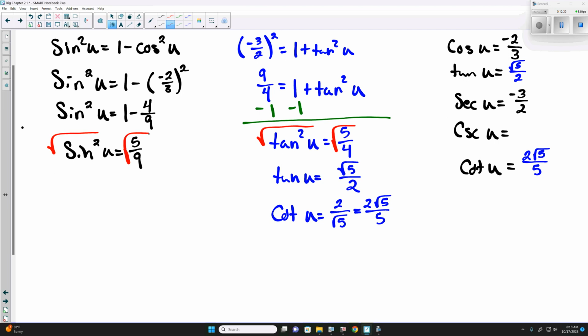Square root both sides. We get sine of u is equal to plus or minus square root of 5 over 3.